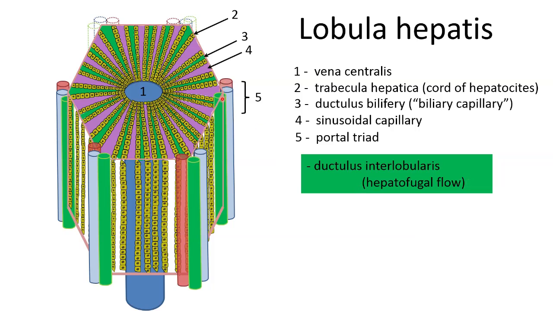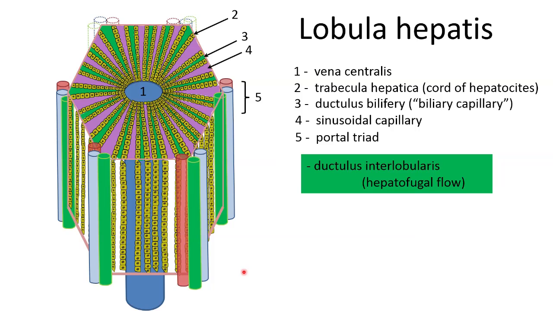It means that bile from each ductulus biliferus inside of the trabecula hepatica enters the ductulus interlobularis, and after it the bile flows externally. It means hepatofugal direction, from the center to the external direction.